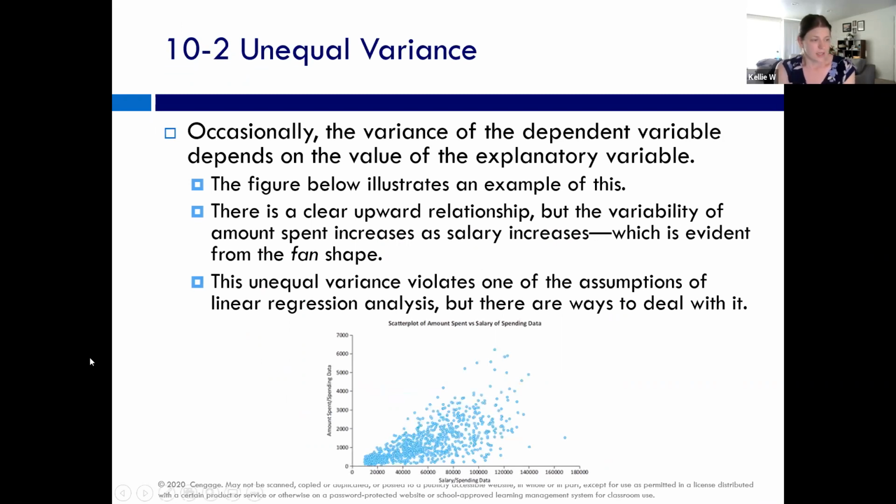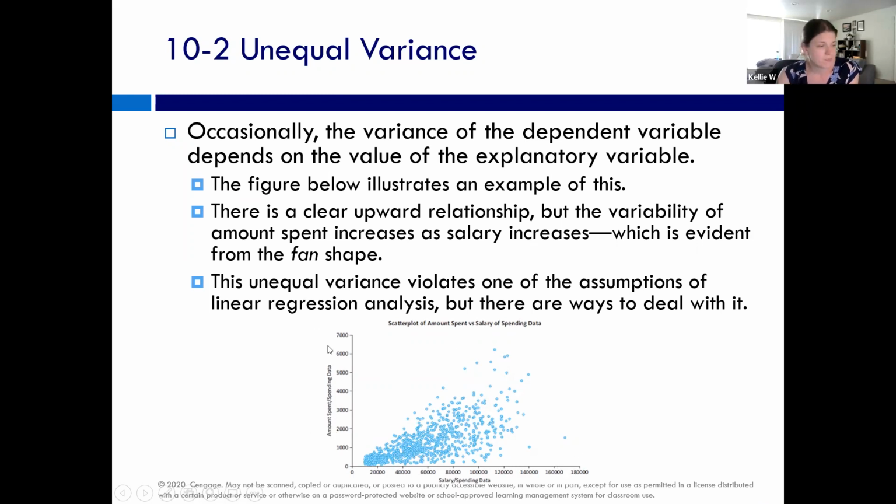Okay. Another thing to note is unequal variance. So sometimes the variance of the dependent variable depends on the value of the explanatory variable. So if you look at the spending data versus salary, there's clearly a relationship between salary and the amount of money spent.